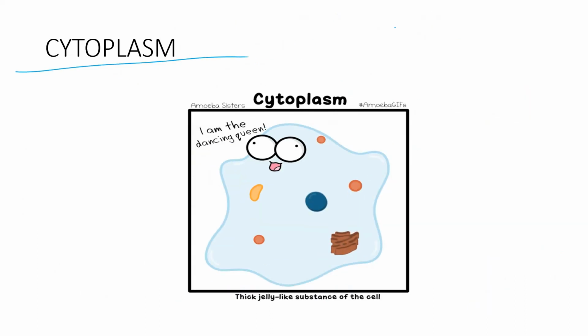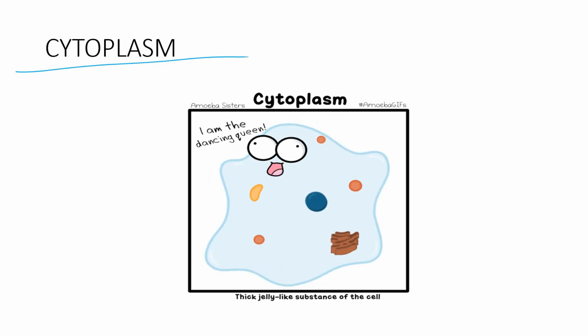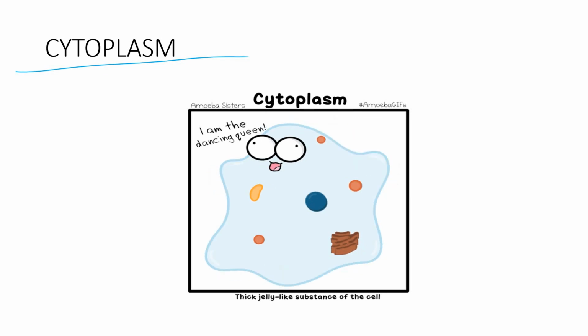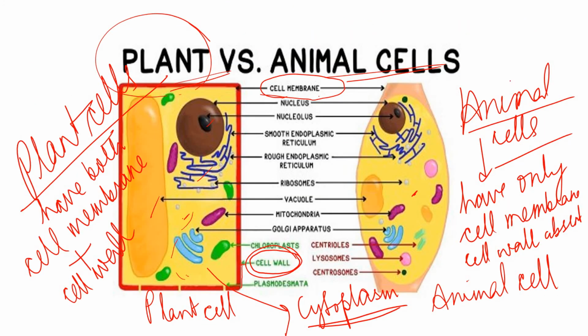And then we study the cytoplasm. I told you, cytoplasm is what? It's a jelly-like fluid that is found within the cell membrane, right? You see, this is a jelly-like fluid. I had shown you this one, this yellow thing is the jelly-like fluid which is called the cytoplasm, and this is the nucleus.